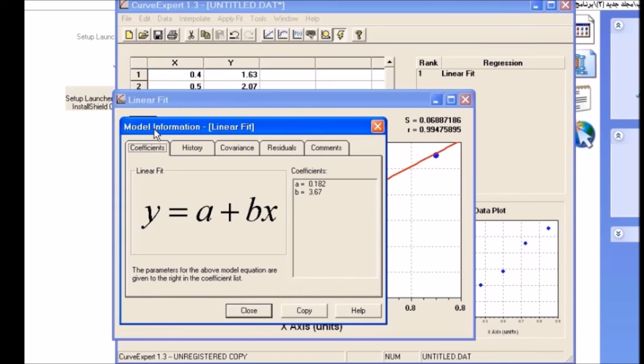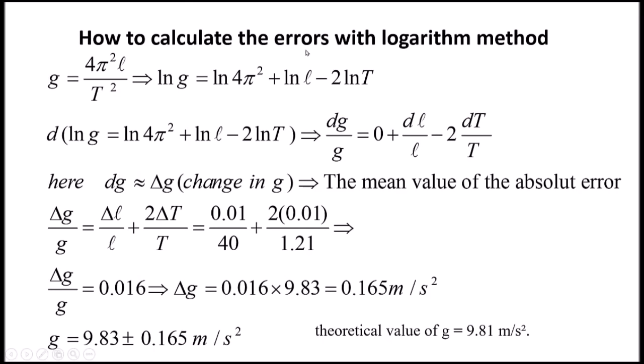It is necessary to calculate the error of the experiment. To calculate the errors with the logarithm method, take the logarithm of two sides of the g equation.